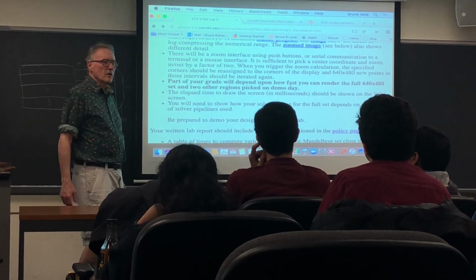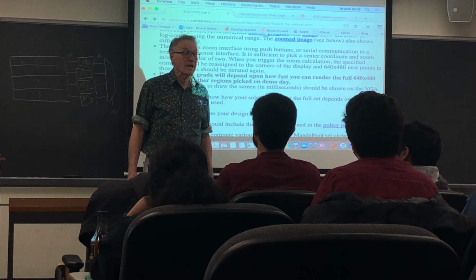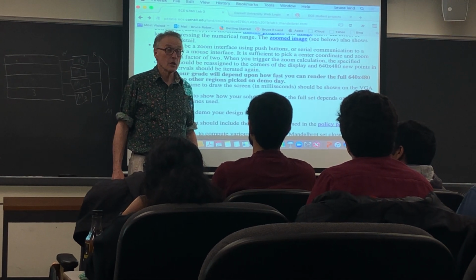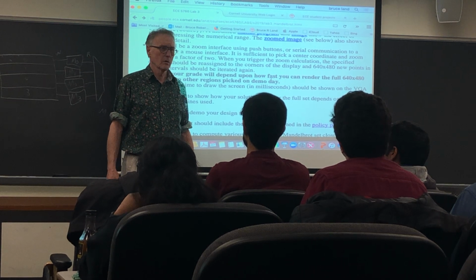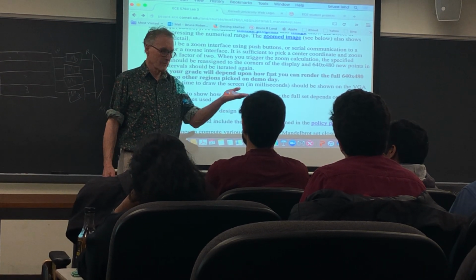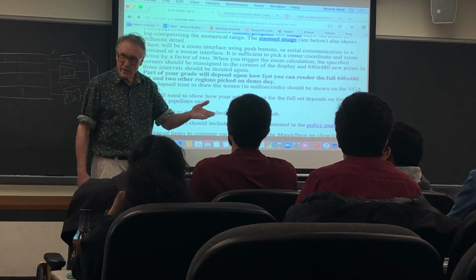But there are some edge cases. What happens if you zoom and what you specify is outside the calculated region? What should it do? You can display a black area.